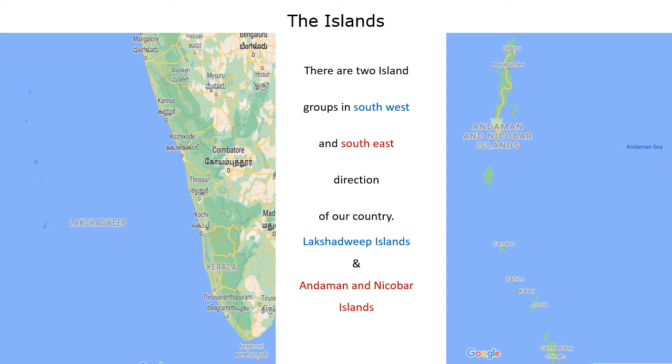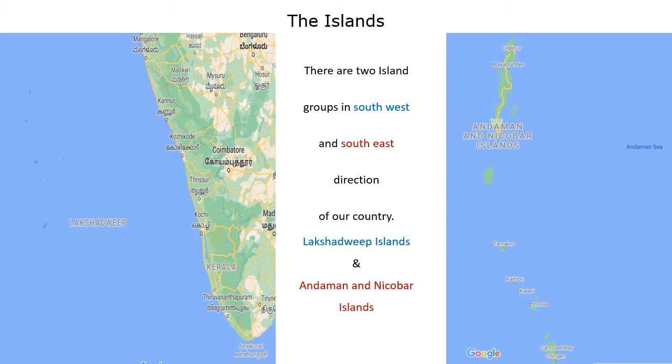There are 2 island groups in our country: in the southwest direction in the Arabian Sea there are the Lakshadweep Islands, and in the southeast direction in the Bay of Bengal there are the Andaman and Nicobar Islands. The Lakshadweep Islands are near the Malabar coast and composed of small coral islands.